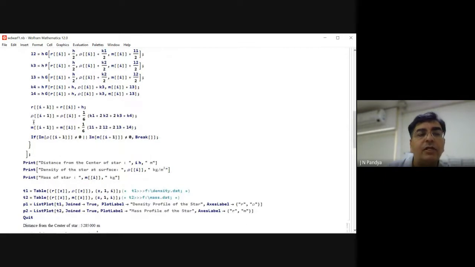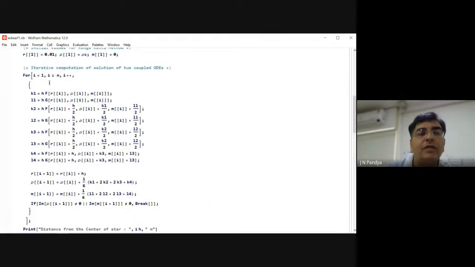Another important thing is that the moment you are going out of the star, you have to stop the simulation and come out of the loop. In the earlier case, we decided that it has to go for 20 iterations, so it does 20 iterations and comes out. Here, there is a conditional breaking of the system.